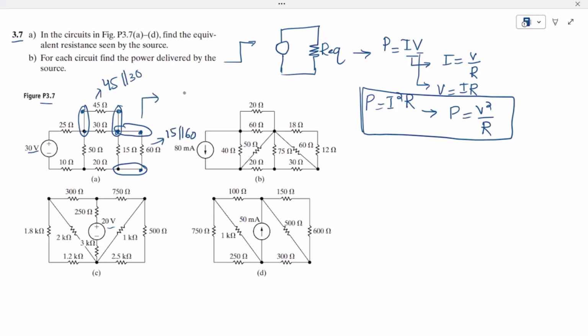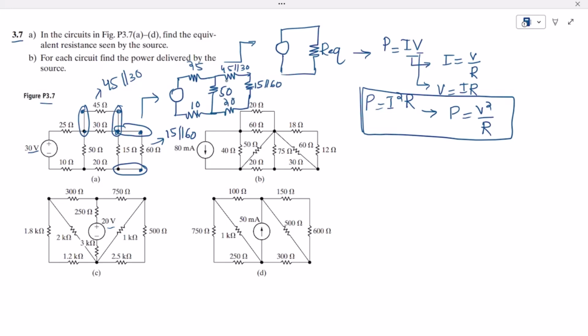Once you find it, this is 25, the resistance here is 50, this is the 10 ohm, and this is the R equivalent, which is 45 in parallel with 30. This will be the equivalent of it, and here the equivalent of 60 and 15, 15 in parallel with 60, and this resistance is 20.